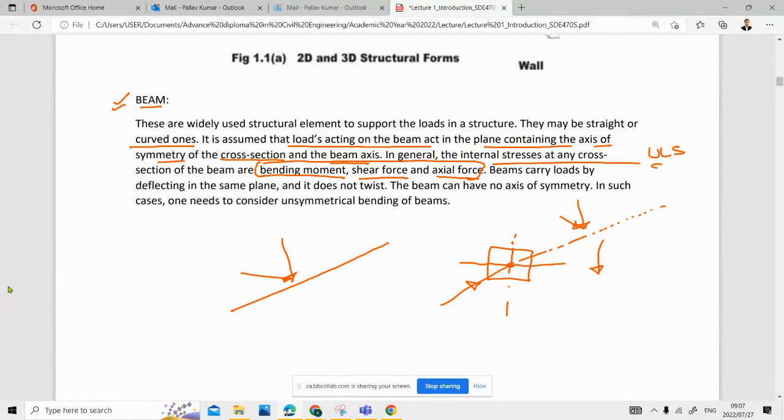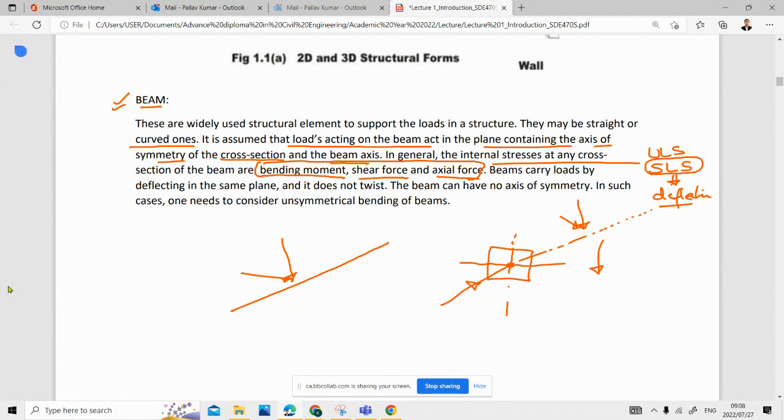Apart from this, you have the SLS condition, the service limit state, in which you always find the deflection of that beam, right?